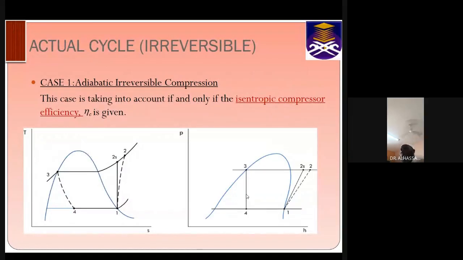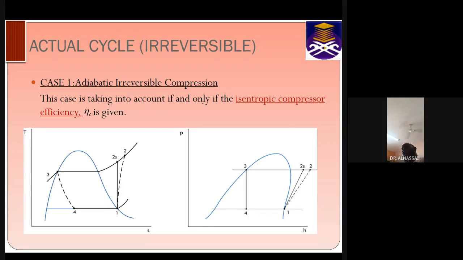Now, let us look at actual, or irreversible cycles. Actual cycles in the refrigeration systems are irreversible cycles. First we look at case 1, which means adiabatic irreversible compression.